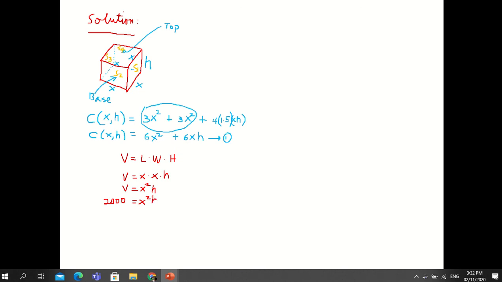From here we can solve for h in terms of x. We divide both sides by x squared and interchange the sides, so we have h equals 2000 divided by x squared. We can call this our equation 2.